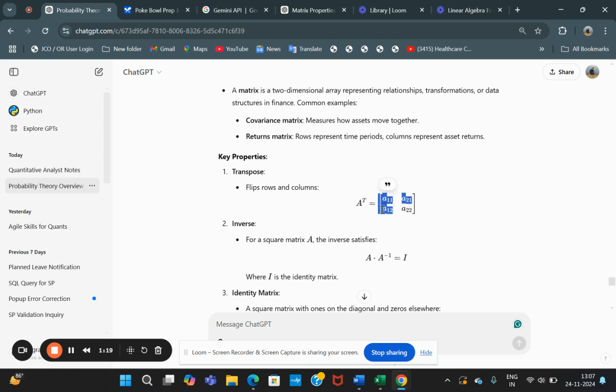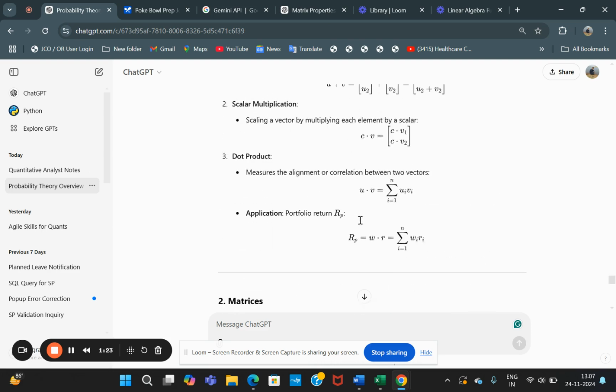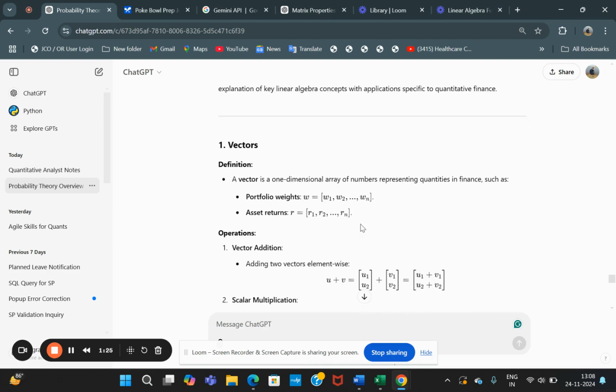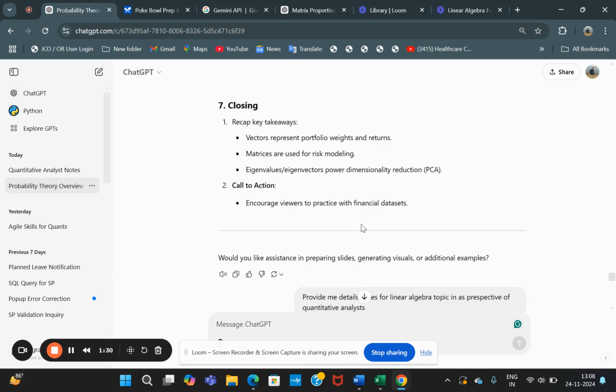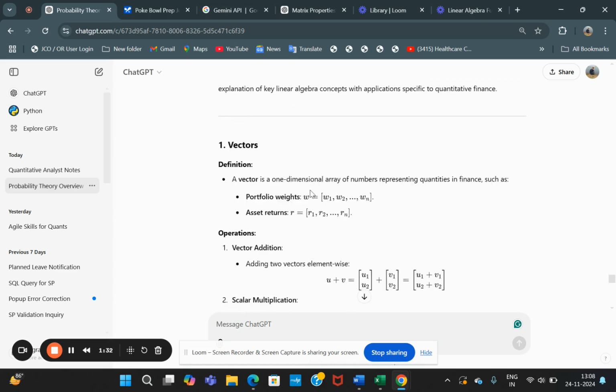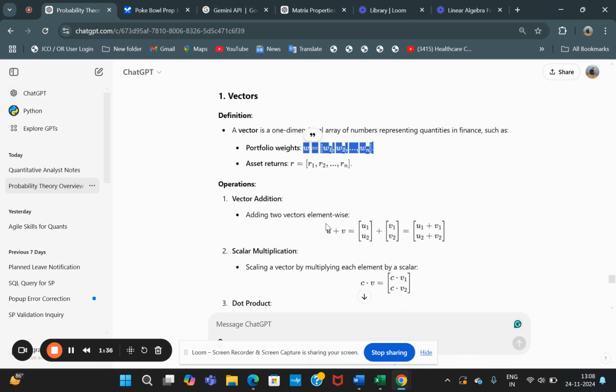We can write matrices in such a way that they capture the relationship, covariance or correlation, between each term, whereas the vector is a single, one-dimensional array.